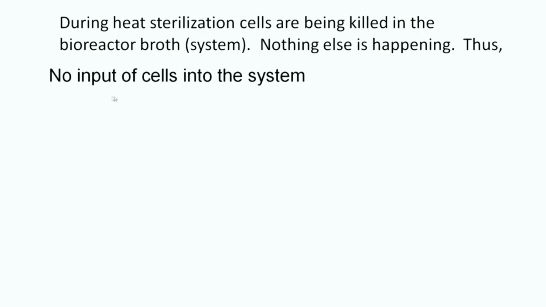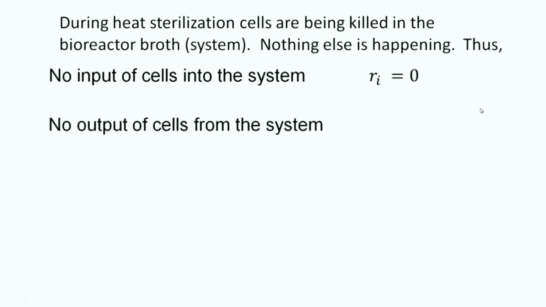Nothing else is happening. Okay, there is no input, there is no output, and so on and so forth. Therefore, the rate of input of cells, mass of cells into the system is 0. There is no output of cells from the system. The rate of output of cells, again mass of cells or number of cells, is 0.